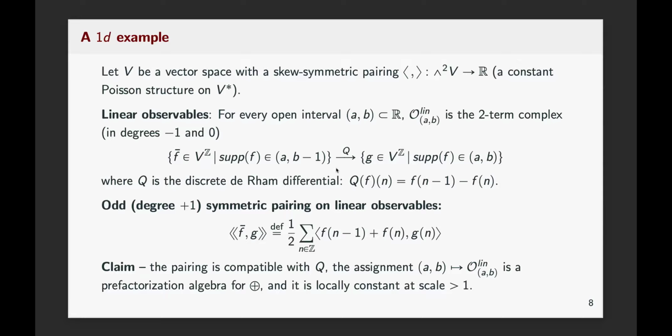And the claim is that you can check that it's compatible with Q. So Q is compatible with the pairing, and the assignment that to an interval associates these linear observables is a prefactorization algebra for the direct sum, and that's where having disjoint things matters, because if you look at the sum operation for things that overlap, the map is still defined, but it won't be compatible with the products, and it's only going to be compatible with the pairing when things have disjoint support.